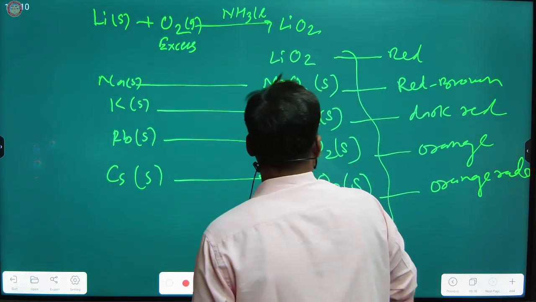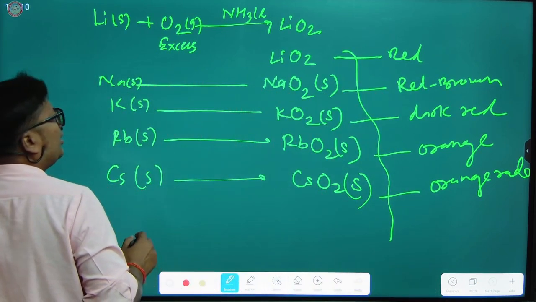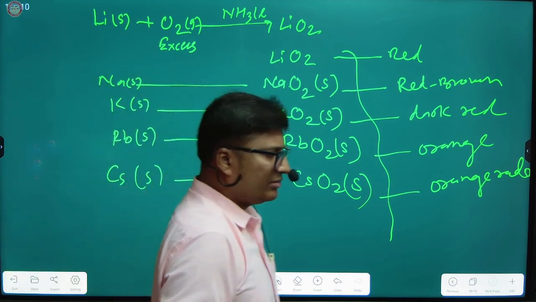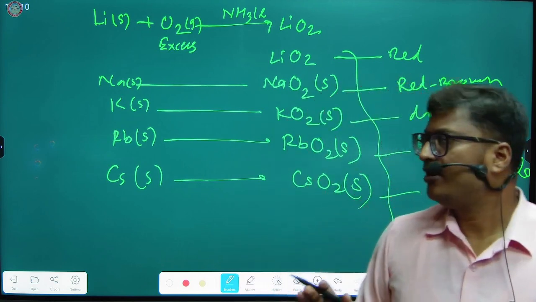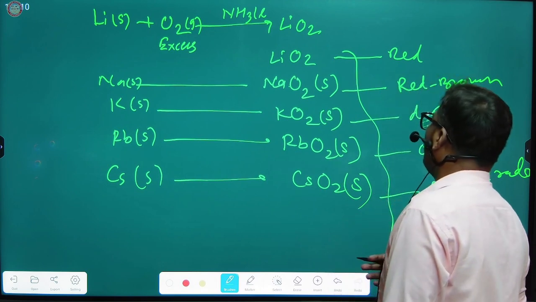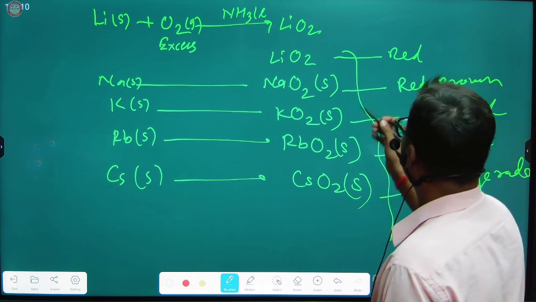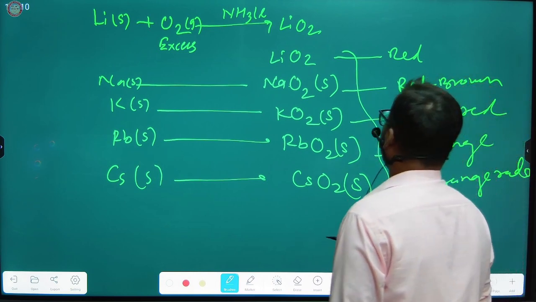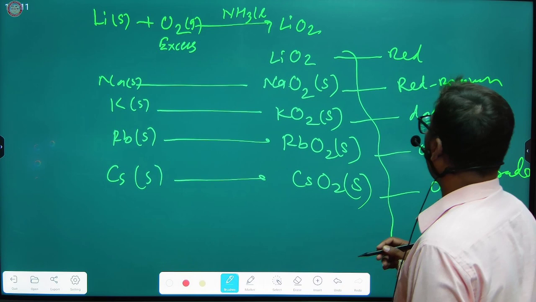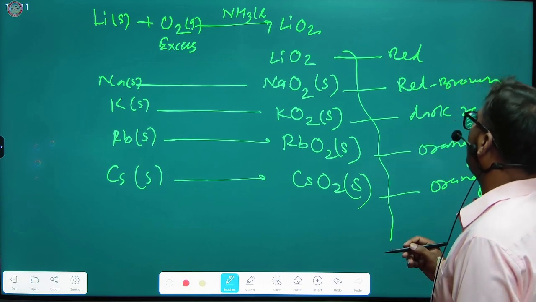And what is the lattice enthalpy? What do you expect? Here, in case of superoxide, the smaller lithium cation does not stabilize superoxide ions, because the superoxide ions are always greater in size than the oxide anion or peroxide anions.